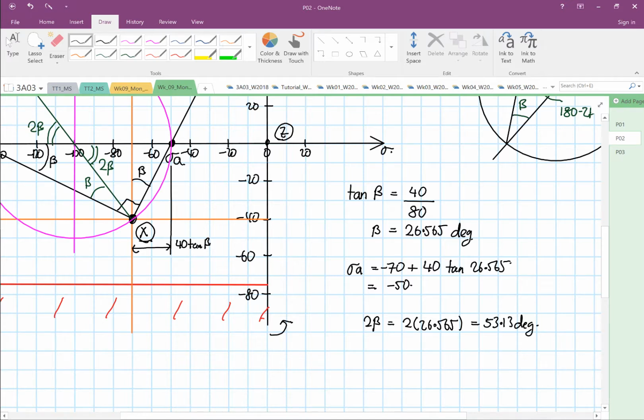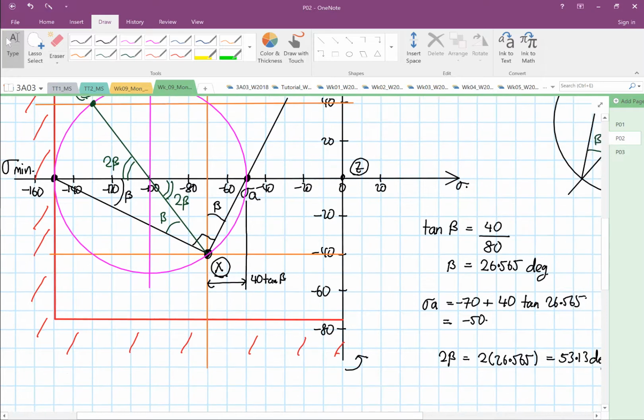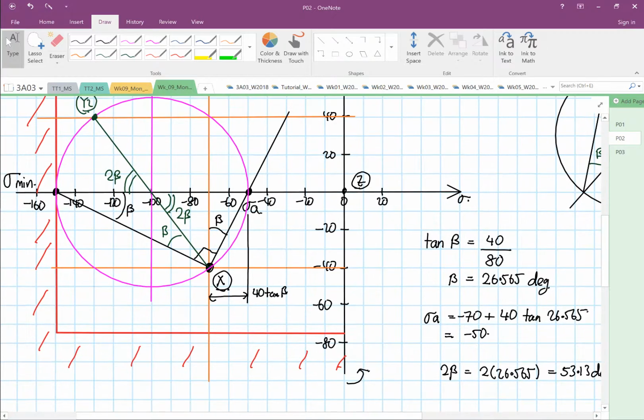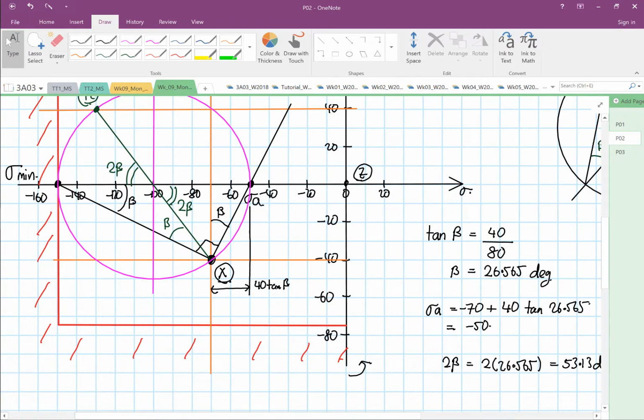From here, you can check what your stress y2 is.